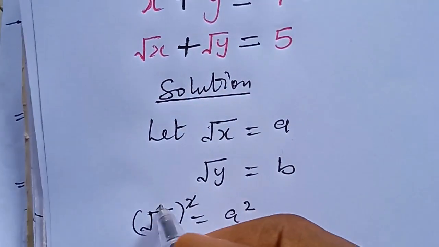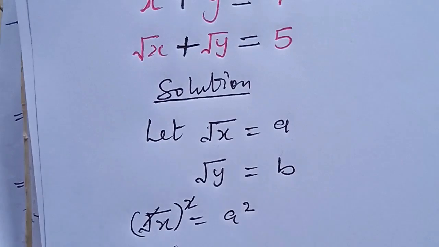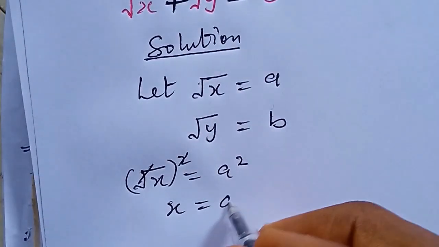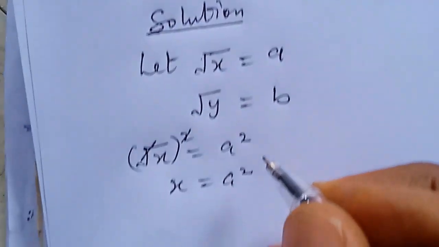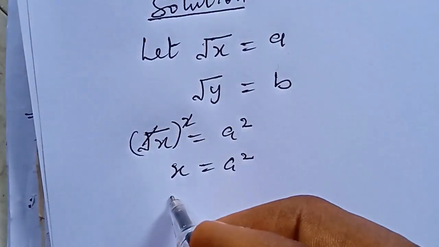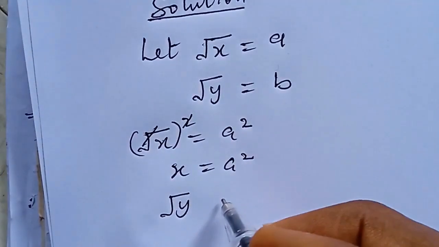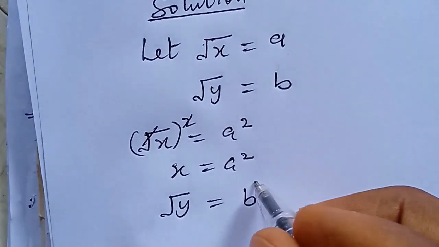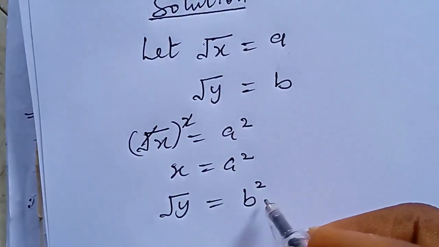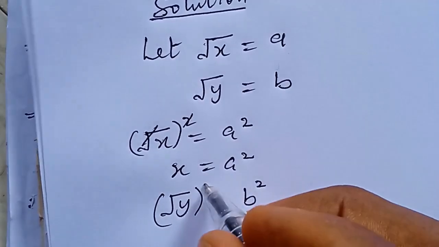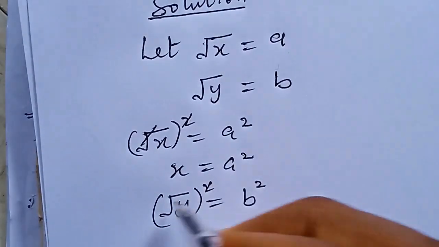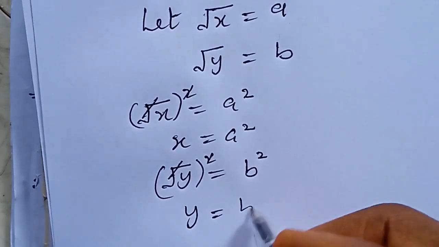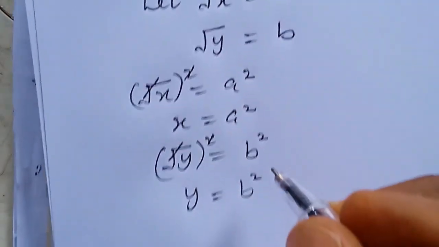So here this cancels out this, and we are left with x equal to a squared. Likewise, for square root of y equal to b, squared, this cancels out this. We are also left with y equal to b squared.